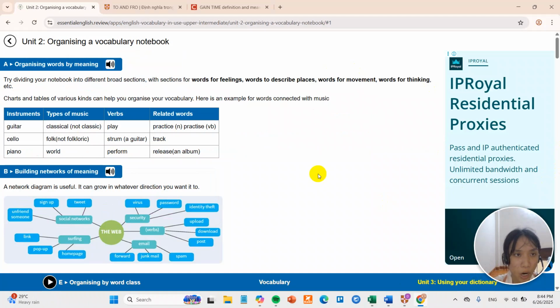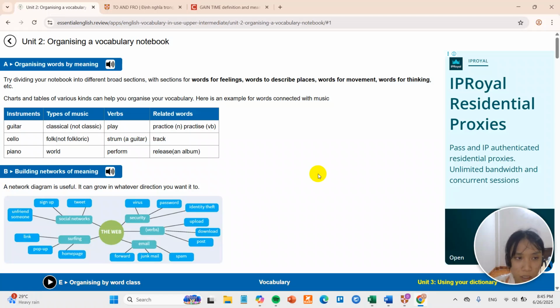Unit 2. Organizing a vocabulary notebook. A. Organizing words by meaning. Try dividing your notebook into different blocks, sections, with sections for words for feelings, words to describe places, words for movement, words for thinking, etc. Charts and tables of various kinds can help you organize a vocabulary. Here is an example for words connected with music.